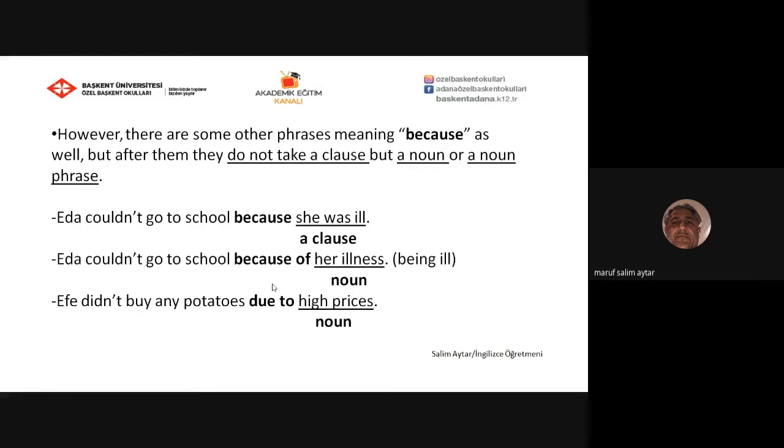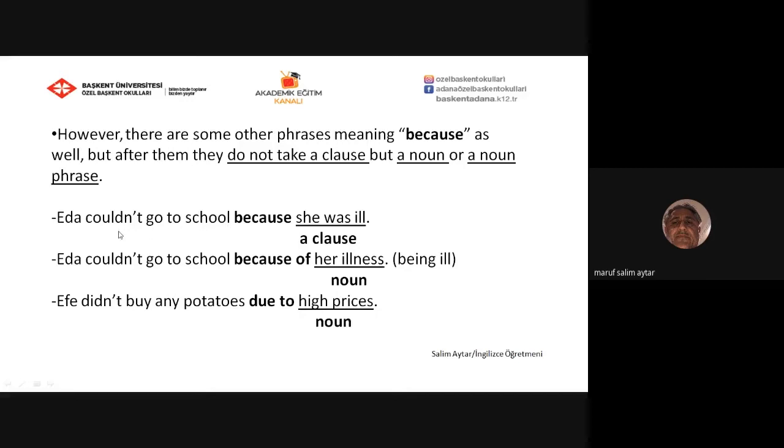However, there are some other phrases meaning because as well, but after them, they do not take a clause, but a noun or a noun phrase. For example, in the first example here, Eda couldn't go to school.